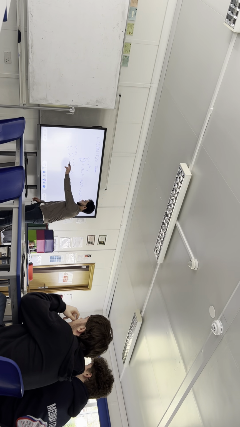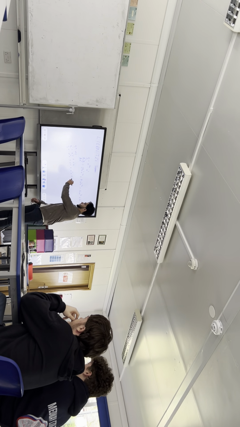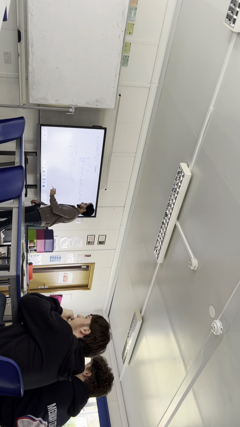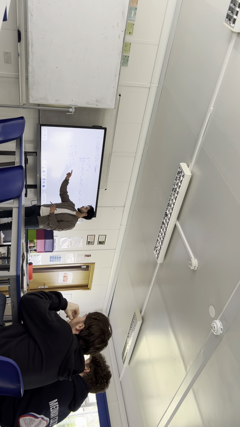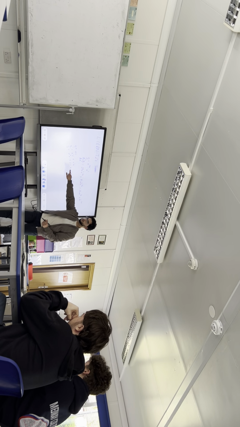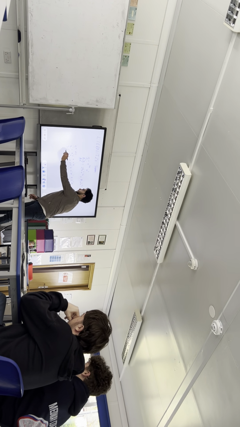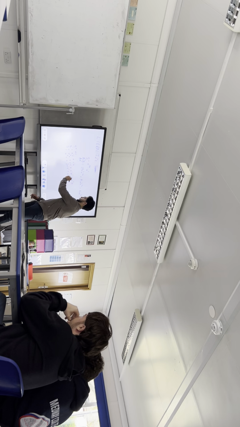Sorry, I messed up. So this one stays the same and that one differentiates. Now here, this one differentiates and this one stays the same. So these two are the same, so we can just add them together: plus 2u prime v prime plus v prime prime u.